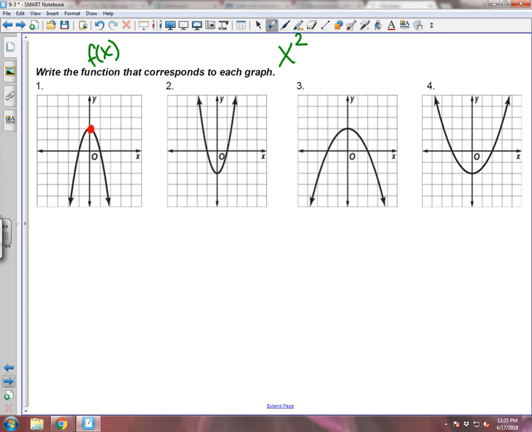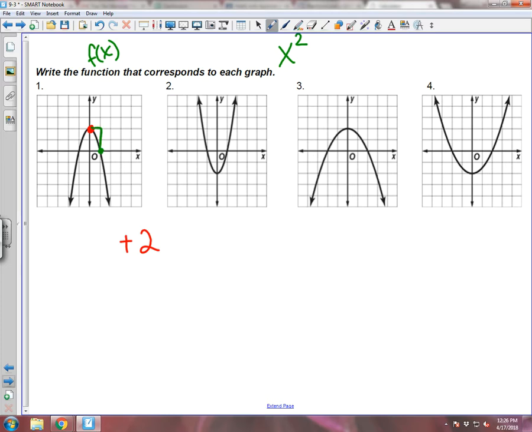That vertex has been moved up from 0, 0. It's been moved up 2, which means I need to put a plus 2 on the end of this to show that it has been moved up. Now, if I take a look at how far away the next point is, if I start at this vertex and I go to the next nice point, it looks like it's right there.